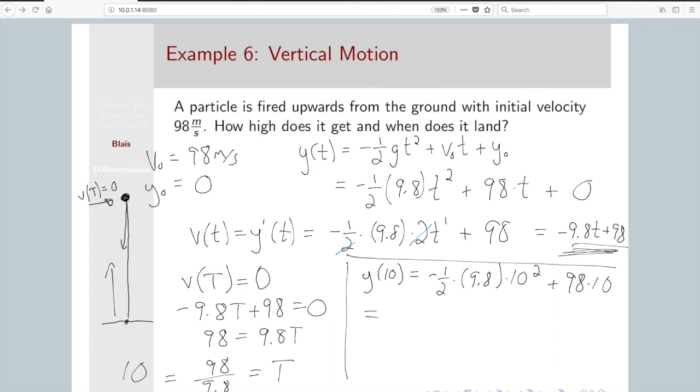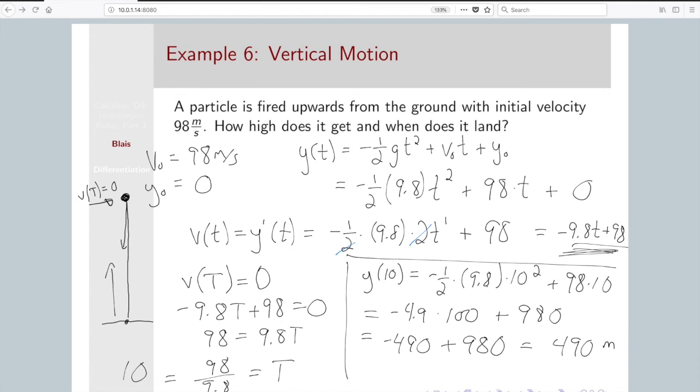Or minus 1/2 times 9.8 is minus 4.9. So minus 4.9 times 100 plus 980. That's minus 490 plus 980, or 490 meters. So this gives us its highest point.